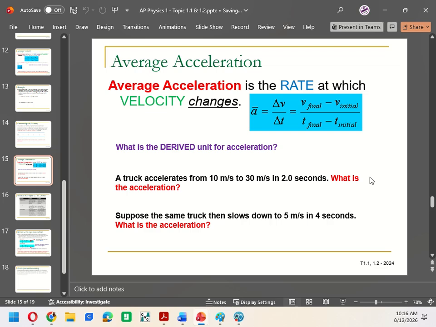It's the same truck because we're talking about that same problem. So that's where you start there. So your initial in this case is 10. So it's not the 10, that's acceleration. So it is the 30.